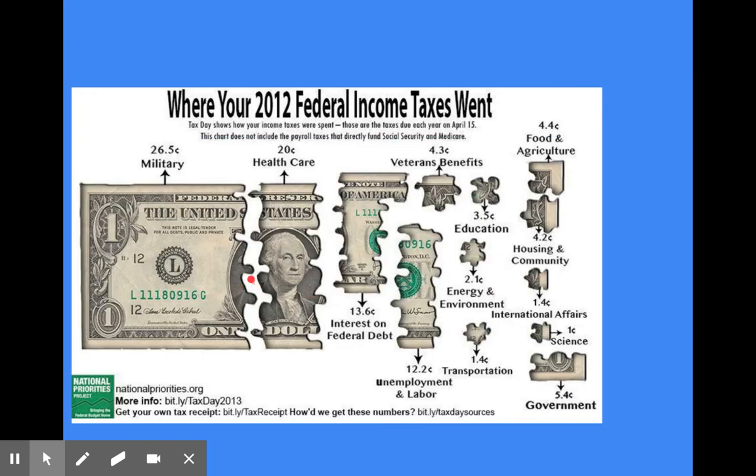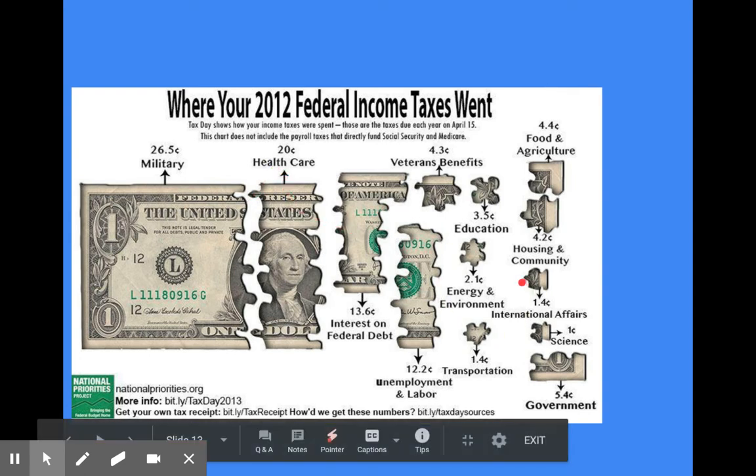Yeah, taxes. Yeah, darn taxes. Look at how much. This is 2012, so it's changed a little bit, probably gone up. Way back in 2012, in the middle of President Obama's term, 26.5 cents of every dollar of income taxes went to the military. Another 20 cents went to healthcare. And then all these other little things get little chunks here and there.